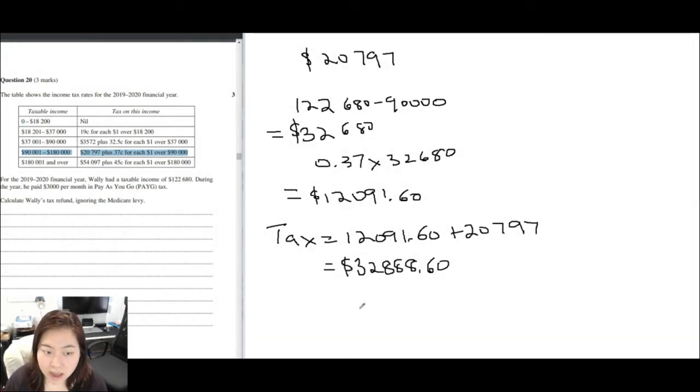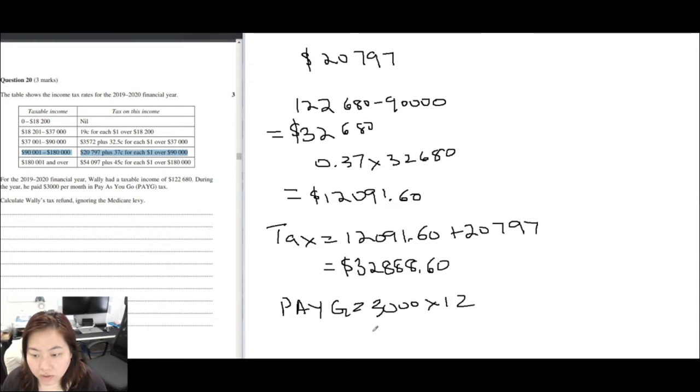How much did he actually pay? He paid $3,000 per month. So pay as you go is 3,000 times 12, which is $36,000. Therefore, he's paid too much, and he should get some tax back.